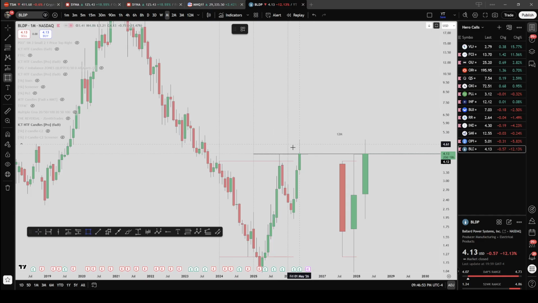Now let's say you get a monthly close outside last year's high. Let's say it's like this. Then you want to see the next candle look like this. Okay, I'm doing a terrible drawing right now, but you get the gist. Why do you want to see this candle? Because you're retesting the prior... I'm sorry, maybe if you close it outside like this.